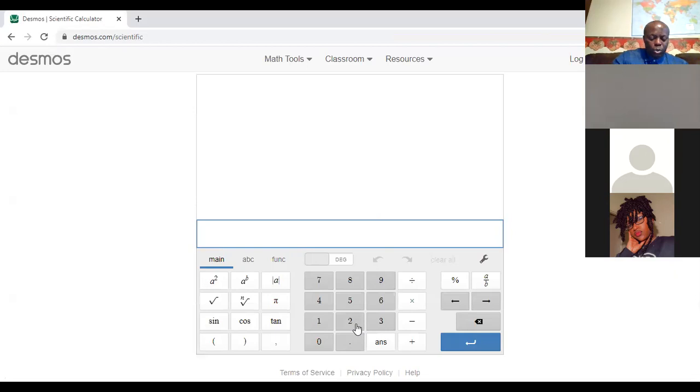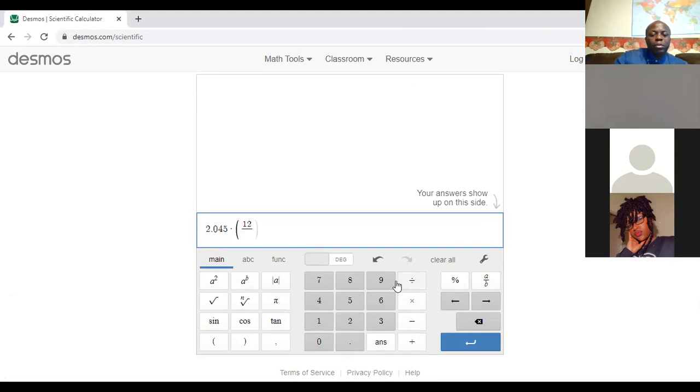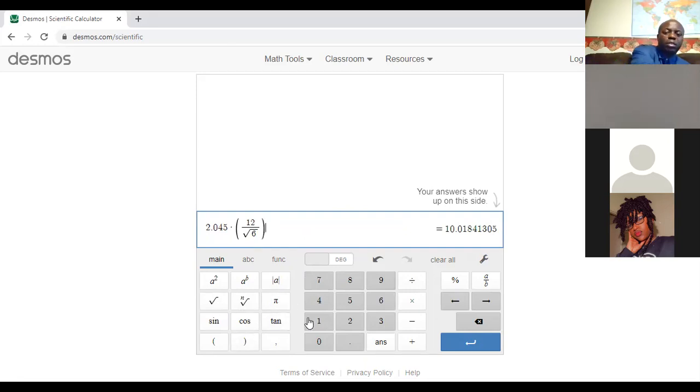So we have 2.015 times the standard deviation, which is 12, divided by the square root of 6. That gives us 10.018 minutes.